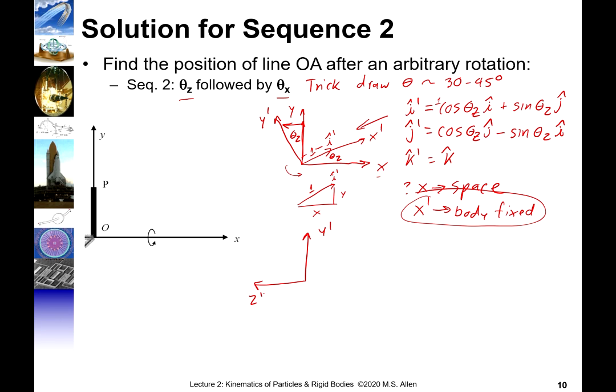And so we're looking down the x, and you can use the right-hand rule to check that, we'll cover that later, x cross y has got to be equal to z. Okay, so now we're going to rotate this by an amount theta x. And so that's going to bring us to our third coordinate system, y double prime, z double prime.